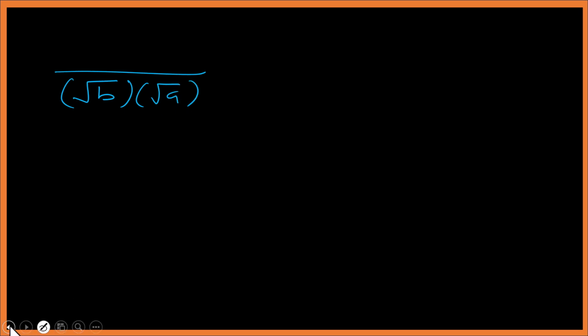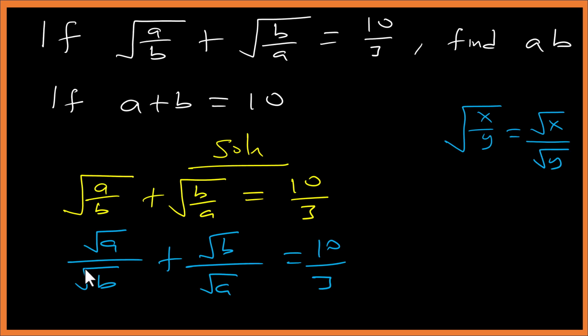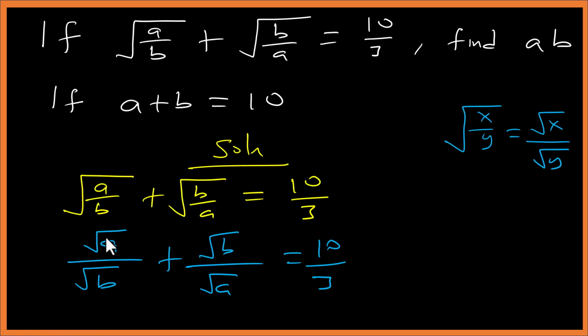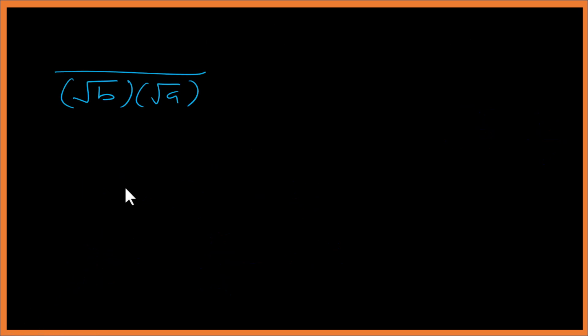So the LCM will be the product of that, so square root of b and that of a. Okay. So square root of b in the LCM will give us square root of a multiplied by square root of a, which will be square root of a squared.